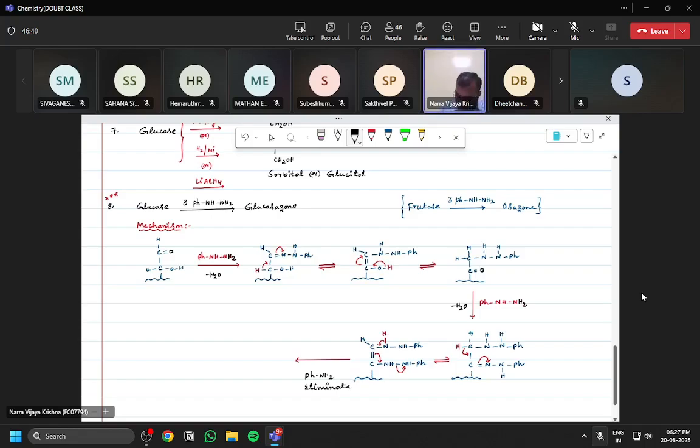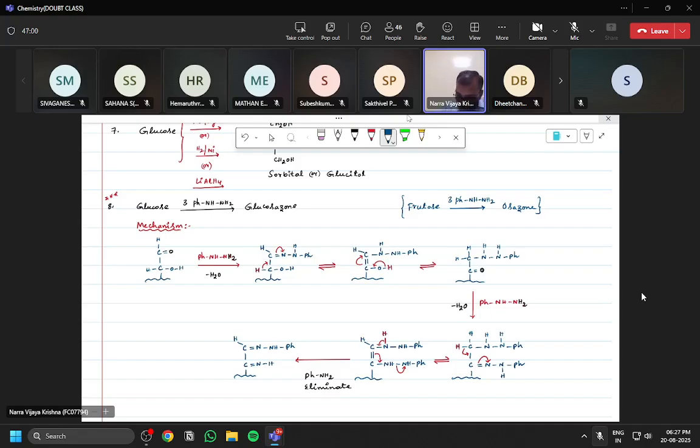Then the product will be C double bond N, NH phenyl, remaining system as it is. Here it converts into single bond C double bond NH. The remaining carbon chain length as it is.